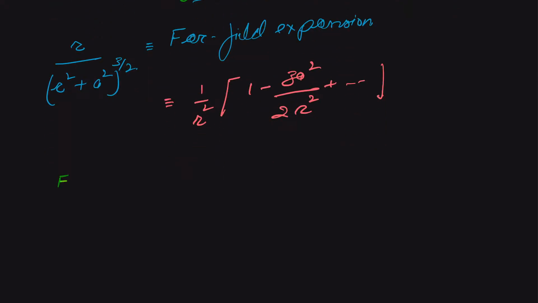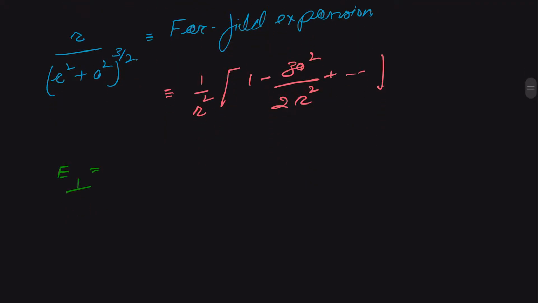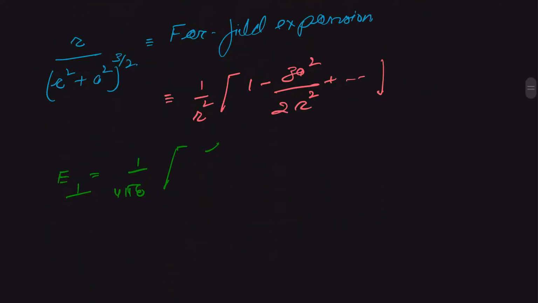So we get our electric field, the perpendicular electric field, will be equal to 1 upon 4 pi epsilon naught, 2q upon r square, 1 minus 3a square upon 2r square, minus 2q upon r square.